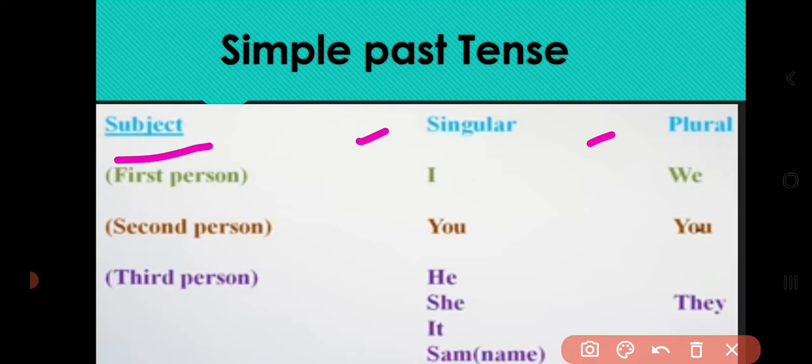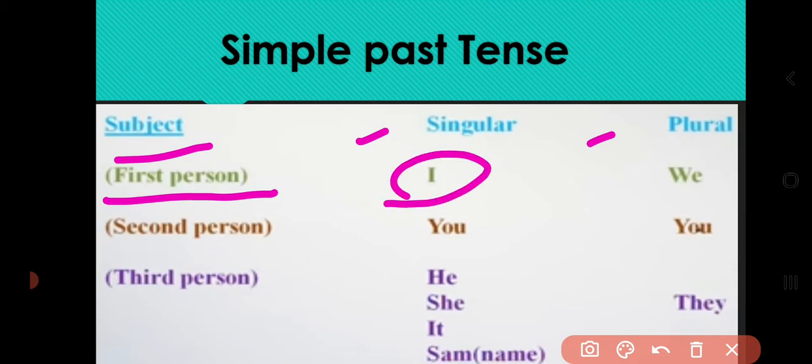First of all, what is the first person? The person who speaks is known as the first person. In the first person, in singular we use I and in plural we use we.